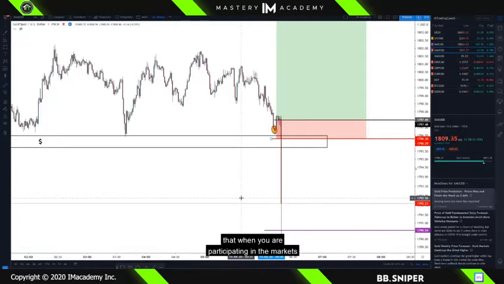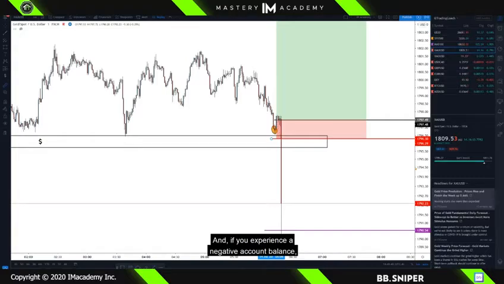I want you to realize that when you are participating in the markets with real money, you are going to be up against stuff like slippage. Not only can you lose the money that is in your account balance, you can actually go negative.